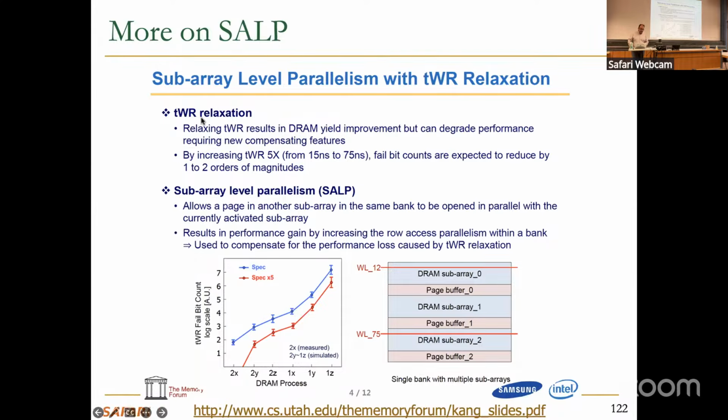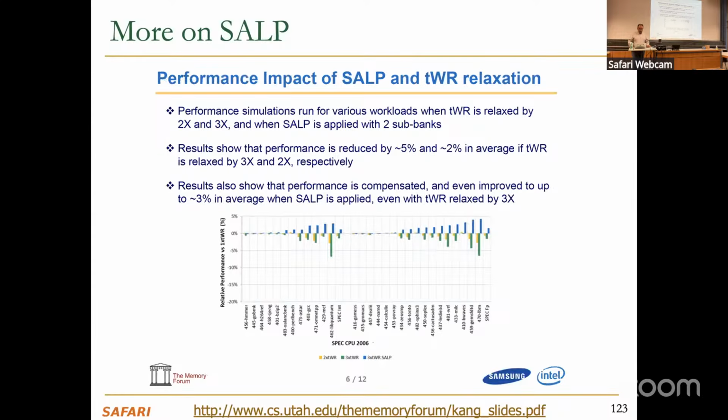But that would come at the price of performance overhead. They show that with SALP they can fix that performance overhead and provide that relaxation of tWR, which is good for reliability, as they discuss in this paper. At the same time, they have similar and potentially better performance by using SALP.